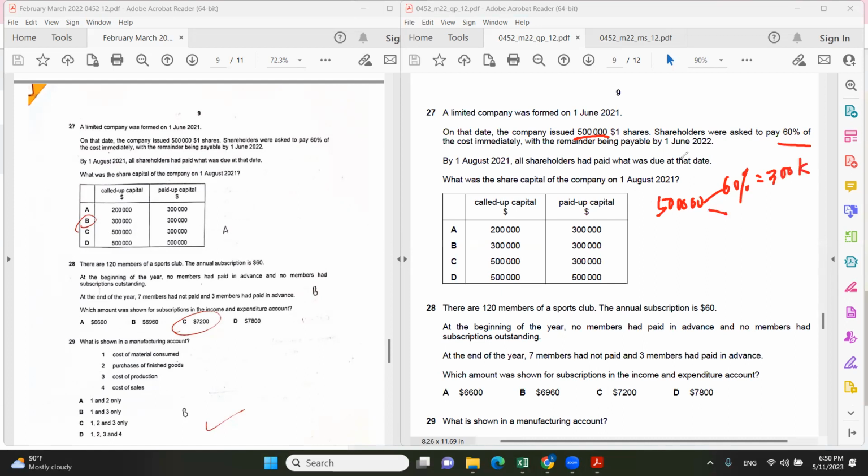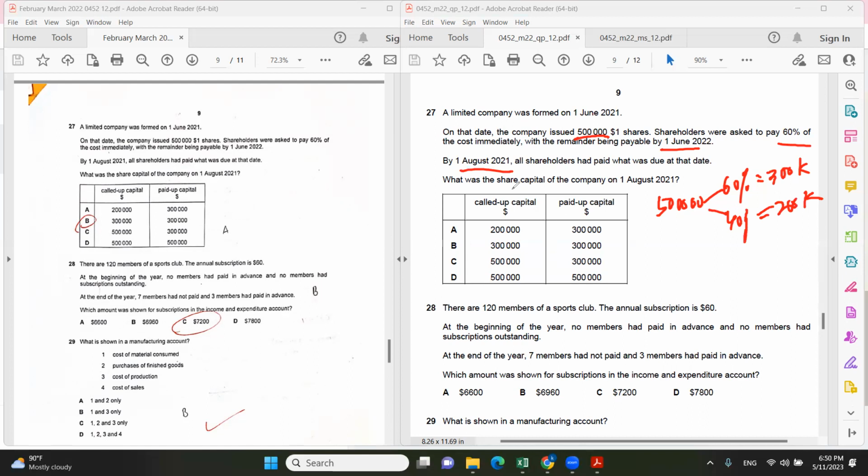And then the remainder 40 is to be paid by 1st August. All shareholders have paid what was due. What was the called up share capital of the company on the 1st August?